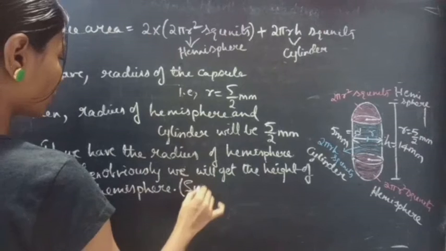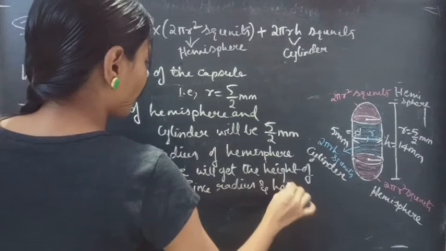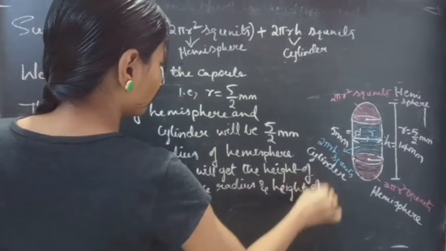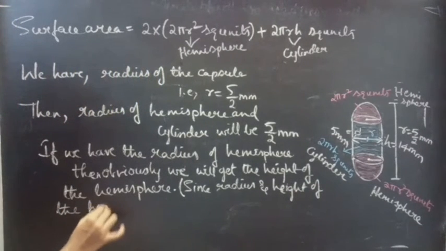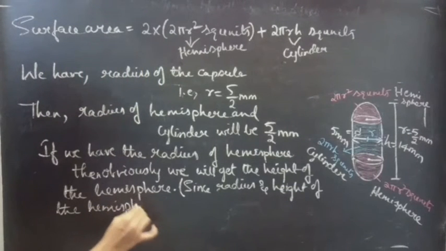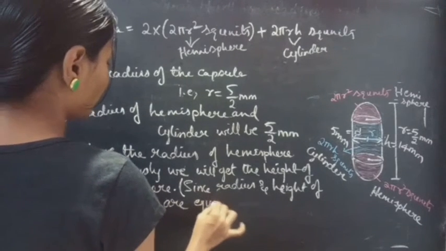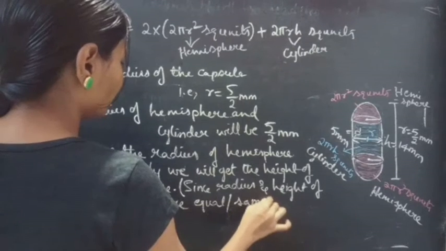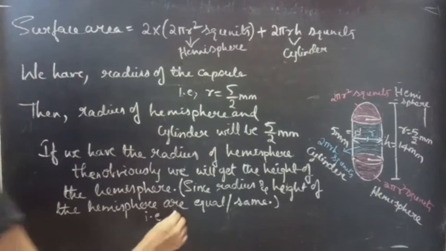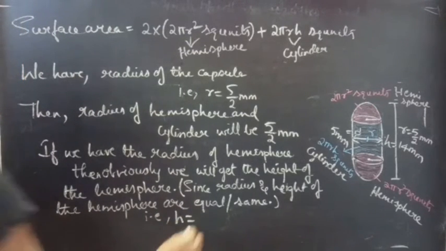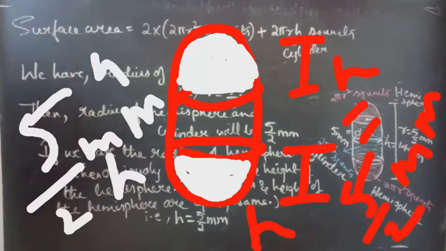Since the radius and height of the hemisphere are the same, or equal, we can say that the height of the hemisphere is equal to 5 by 2 mm. Okay.